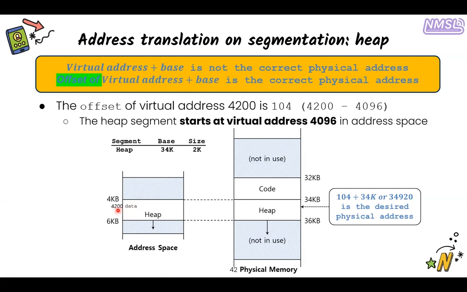So what we need here is that you're not actually going to add the virtual address, but you need to look at the offset. The virtual address 4200 minus 4K, which is 4096, so your offset is 104. Your heap starts at 34K, so you add your offset, 104 plus 34K, and that's the desired physical address.